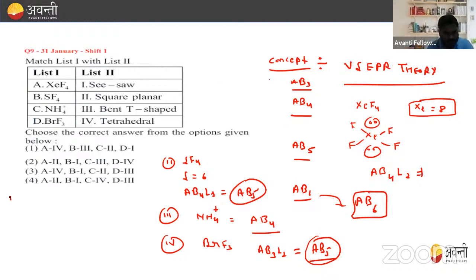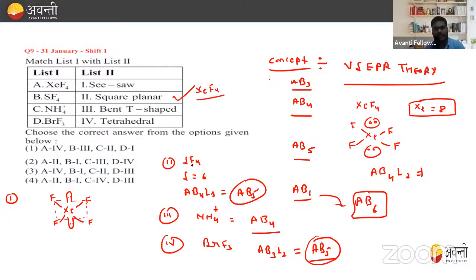If I'm talking about AB6, Xe having F, and it has 2 lone pairs, just 1 lone pair here and 1 lone pair here. What is the shape? Can you guess what is the shape of XeF4? Yes, it comes to be square planar. So this is for XeF4, right?